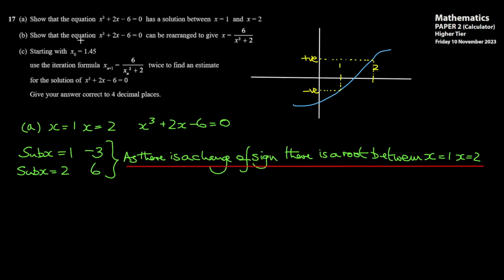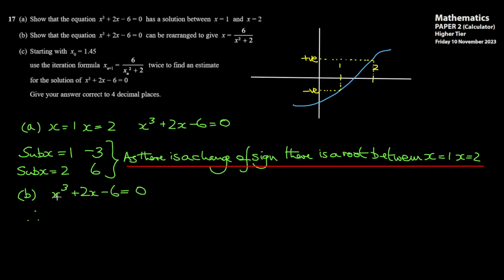Part B, we've been asked to rearrange the cubic into this form, where you've got a value of x on both sides of the equation. Now, to find out which x they've picked, it's wise just to have a look at this and backpedal slightly. If I cross multiply this, I would get x cubed plus 2x. So what they've done is they've taken an x out of the first two terms and then made that the subject.